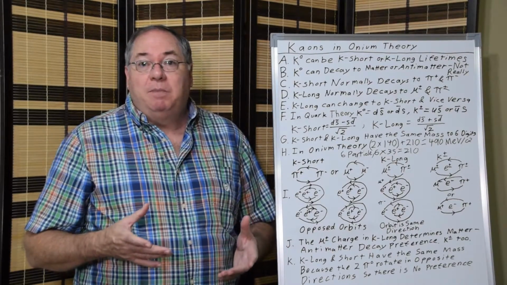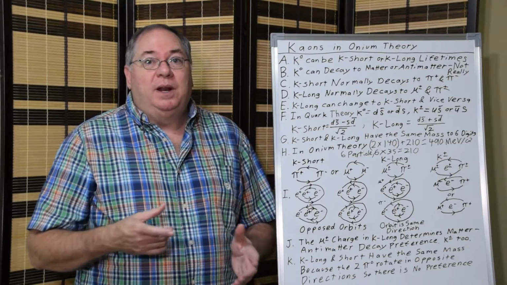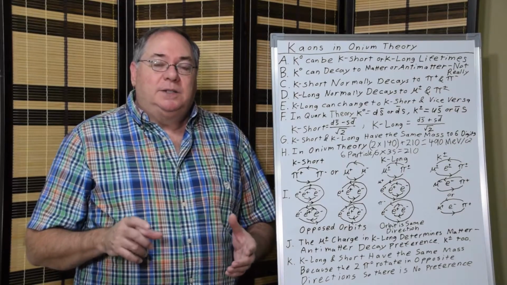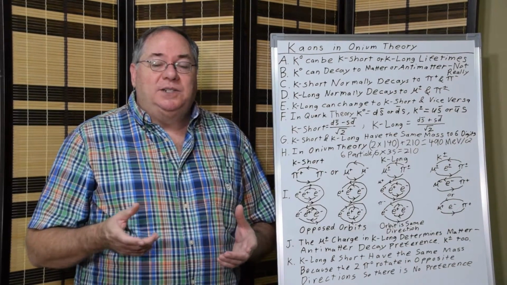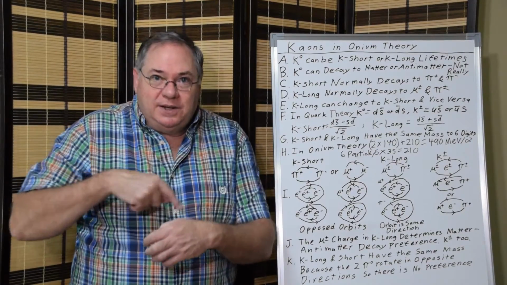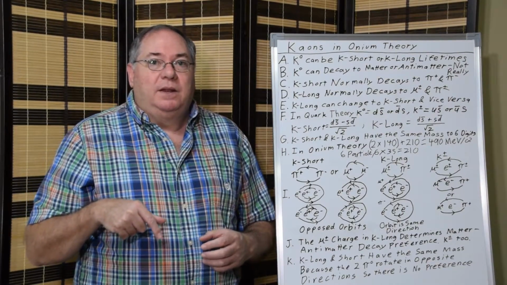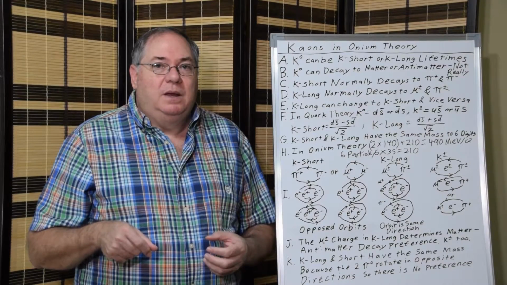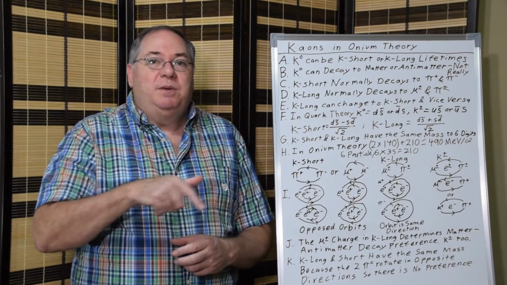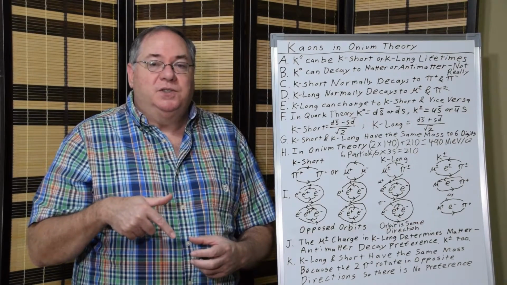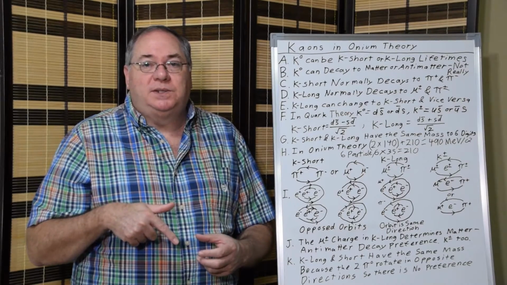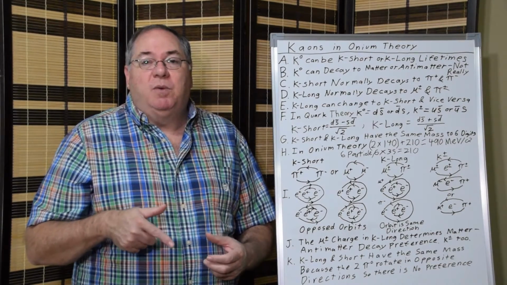Then the remaining question is, how do the 2 K naughts, the K short and K long, have the same mass if one has a muon and a pion and one has 2 pions or 2 muons? That's because the muon gets a reduced energy because the muon is orbiting in the same direction as the pion. But when you have 2 pions in the middle counter-rotating, there isn't a preferential direction, so you don't get a reduced mass energy for one of their orbits like you do within the muon.